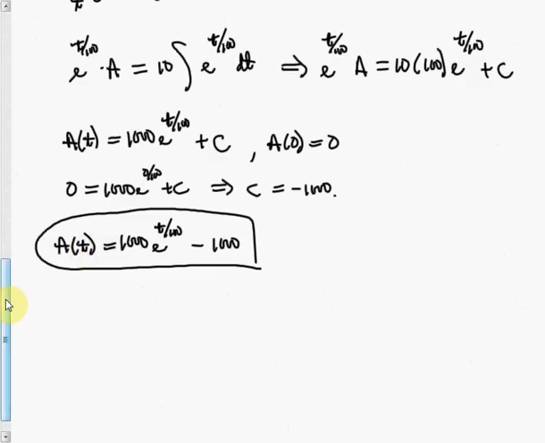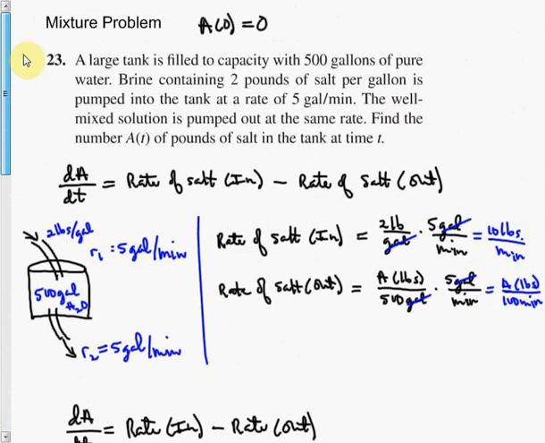And that's all it asks for, right? Find the number, A of t, of pounds of salt in the tank at any time t. Right? So like my question on the test is that I can give you this problem, then I'll say how much salt is in the tank at 10 minutes. Right?